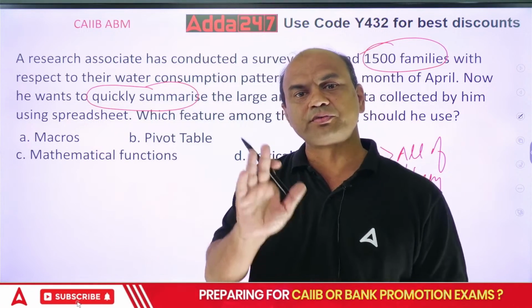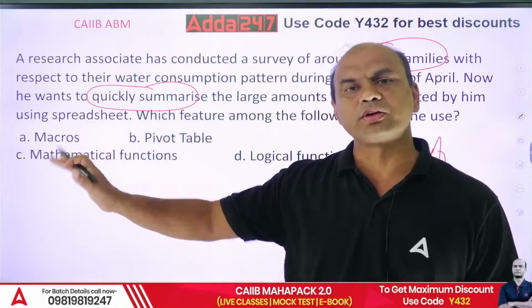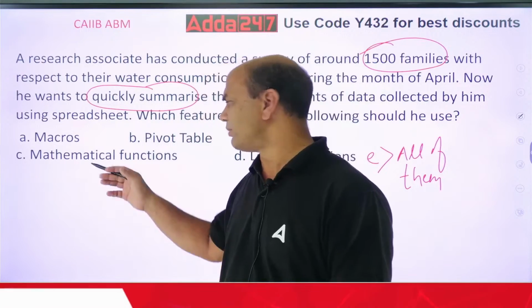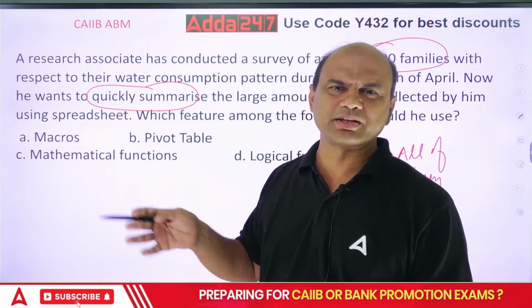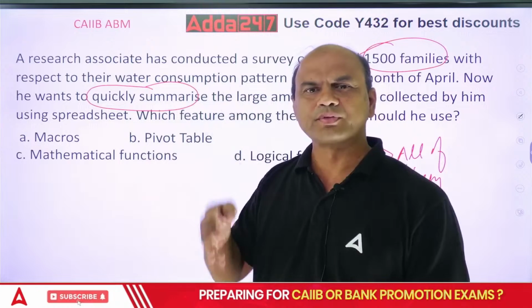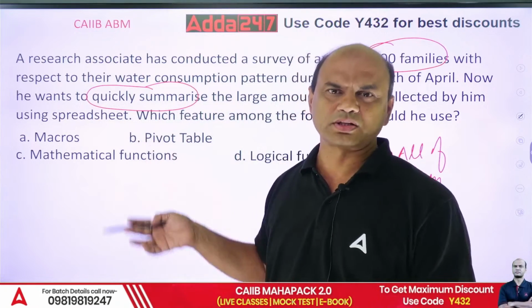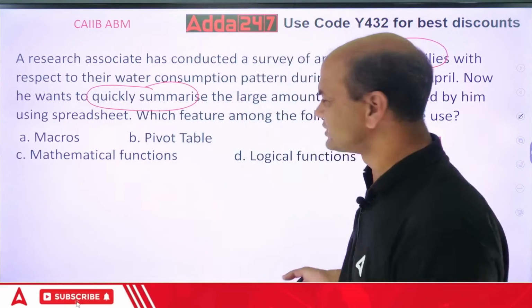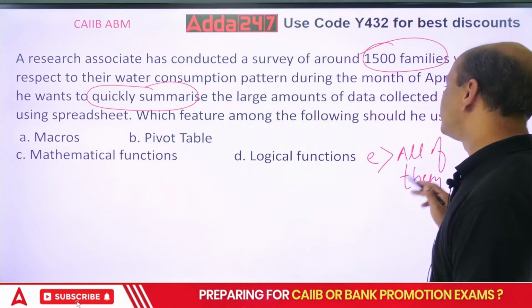You just have to copy this table and put it everywhere. So you can use this also. Mathematical functions, you know it, plus, minus, additions and bigger functions are also there, logarithmic and everything. And logical functions. So all of them should be used, isn't it? So the answer is E, all of them.